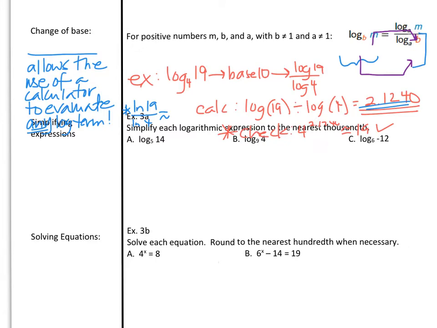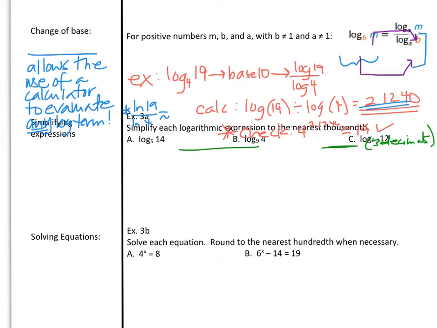Down below, this allows us to simplify expressions. It says simplify each logarithmic expression to the nearest thousandth. So now that's only 3 decimal places. Up above, we did 4. So make sure that you're checking the directions. Log base 5 of 14. That means 5 to what power is 14?